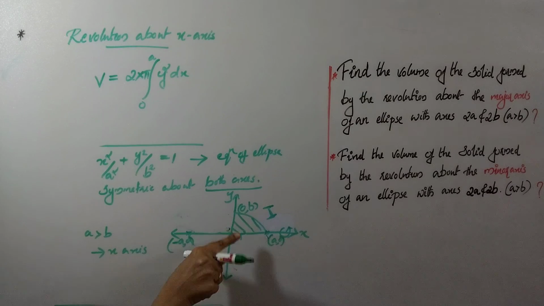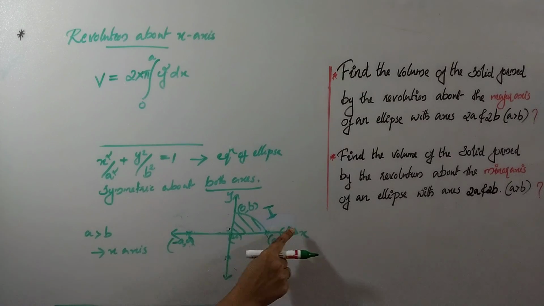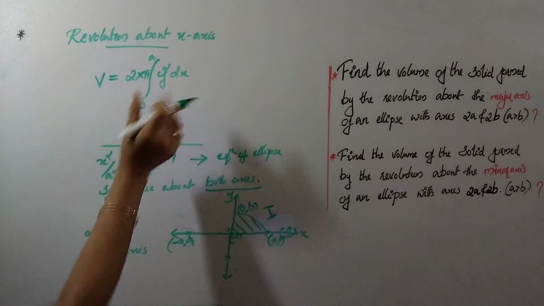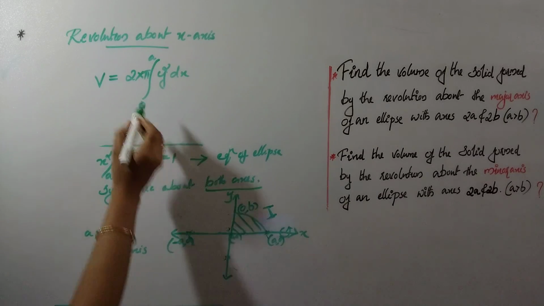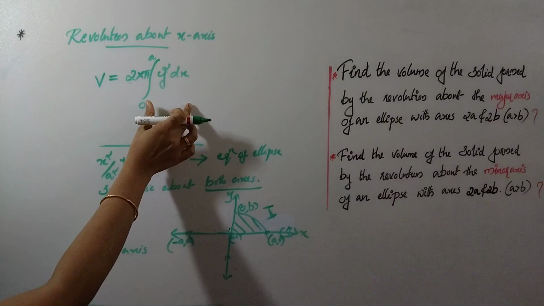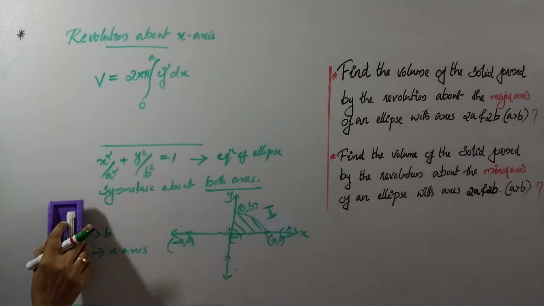This portion is revolving about x-axis, twice that volume gives the complete volume of solid of revolution. Otherwise you just integrate it from minus a to plus a. If you are integrating from 0 to a, 2 into that volume gives the complete volume of solid of revolution.